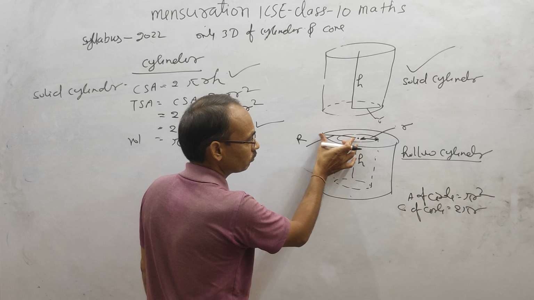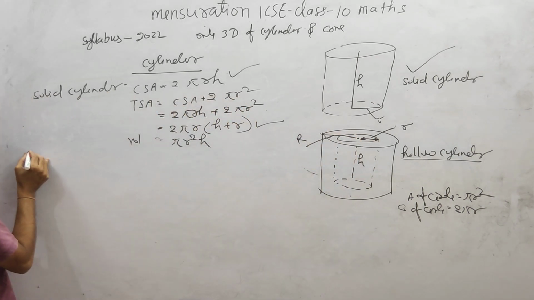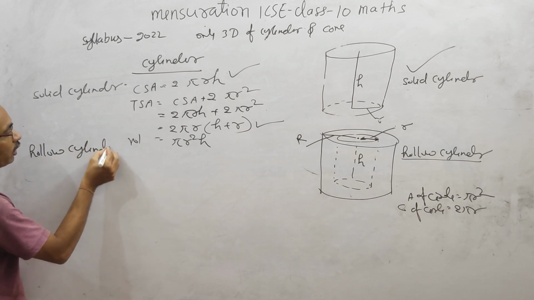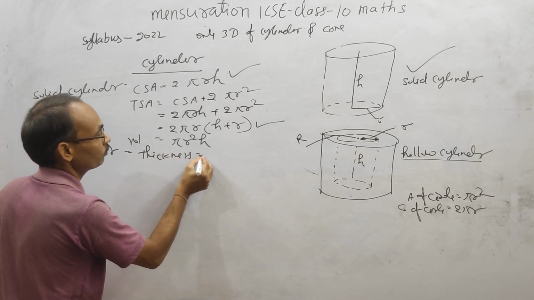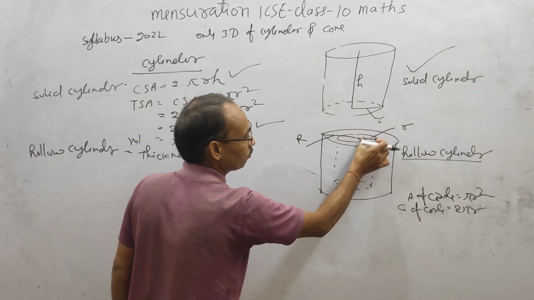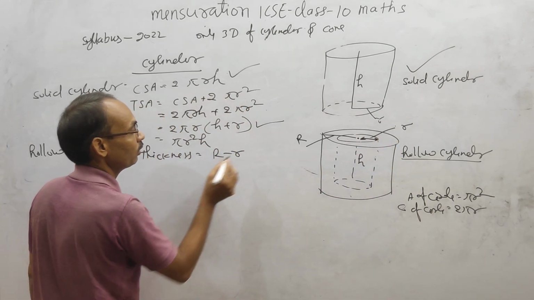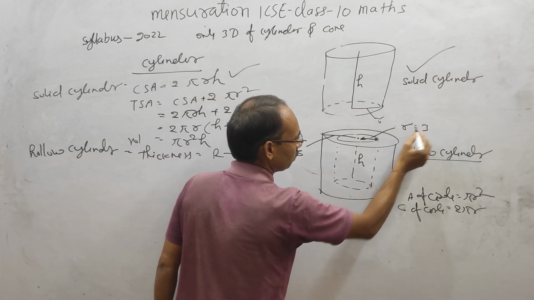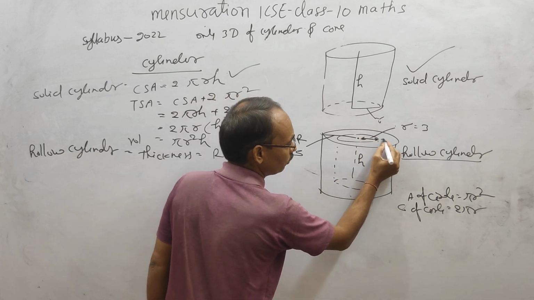Subtracting small r from capital R is the thickness. Thickness is equal to R minus r. Suppose that this is 5 and this is 3, then the thickness will be 2.